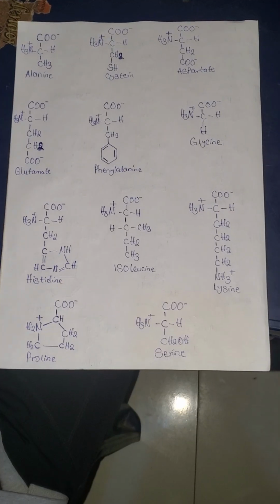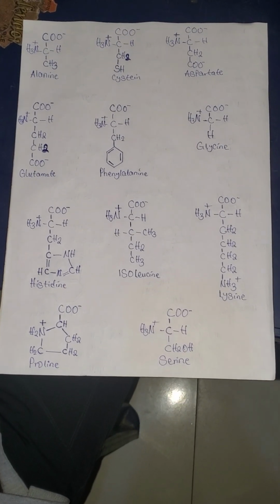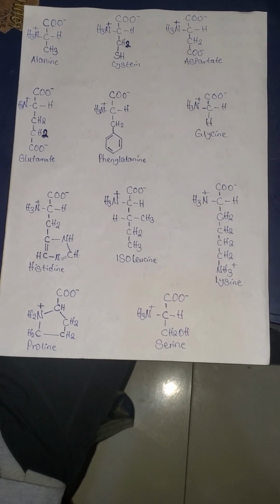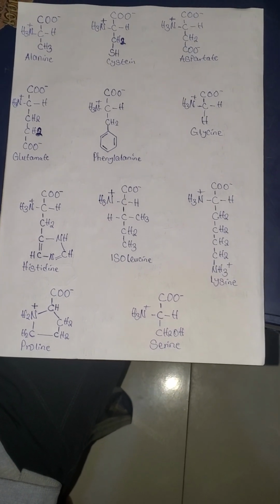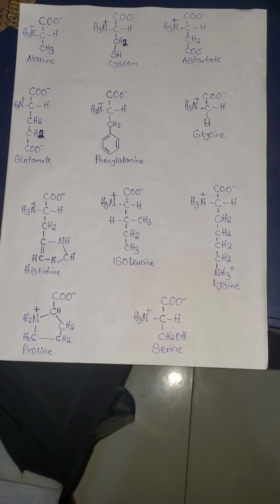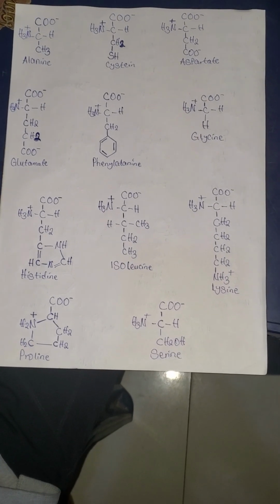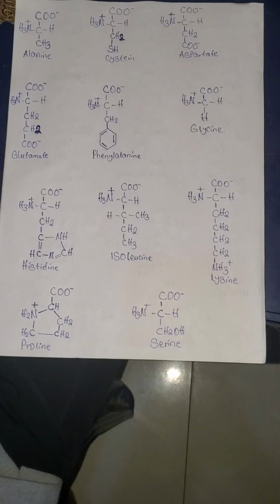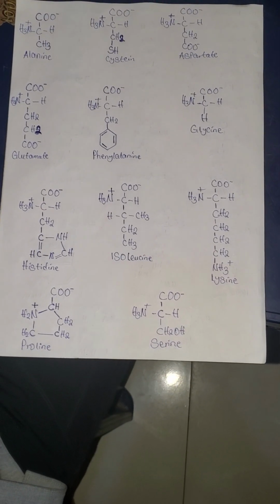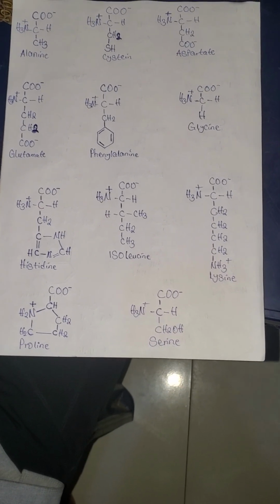We made mention of alanine. We made mention of cysteine, aspartate, or you call it aspartic acid. I told you you can call it alternatively aspartic acid, or aspartate. We have the glutamate. You can call it glutamic acid as well.